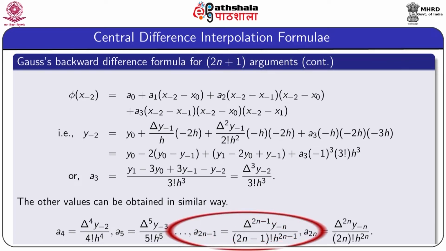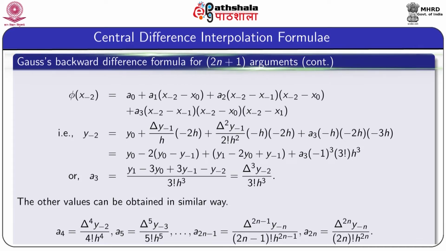Lastly, a_{2n-1} equal to delta to the power 2n minus 1 y_{-n} by factorial (2n minus 1) into h to the power 2n minus 1, and a_2n equal to delta to the power 2n y_{-n} by factorial 2n into h to the power 2n. So, we determine all the values of a using the condition of interpolation.